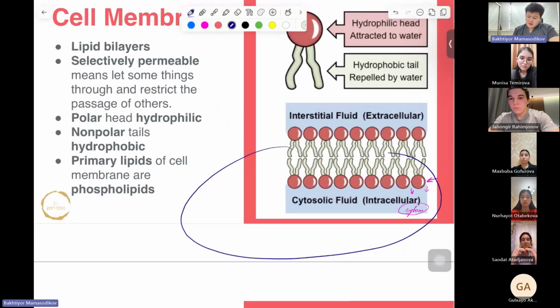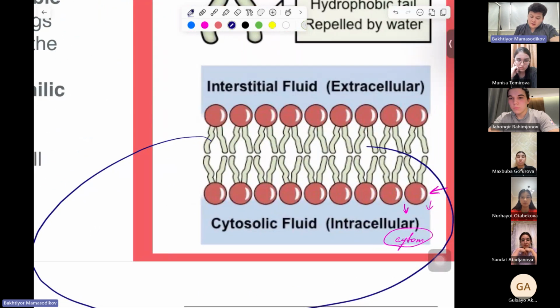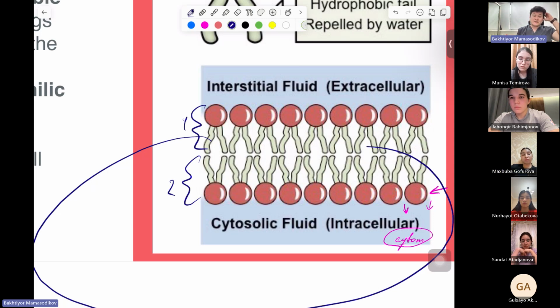So this is the two layers of phospholipids. This is the first layer of phospholipids in the cell membrane, and below it we have the second layer. Each phospholipid is individual.